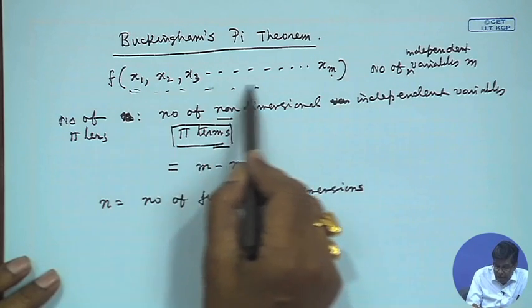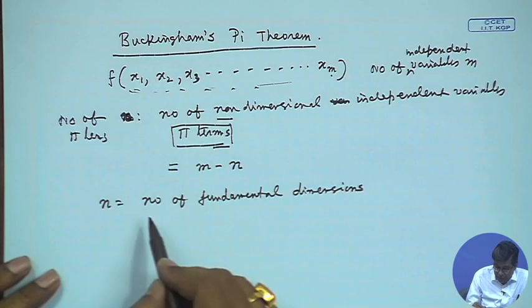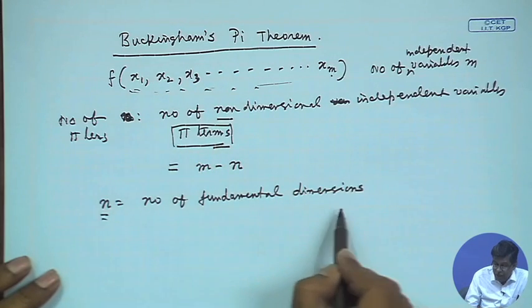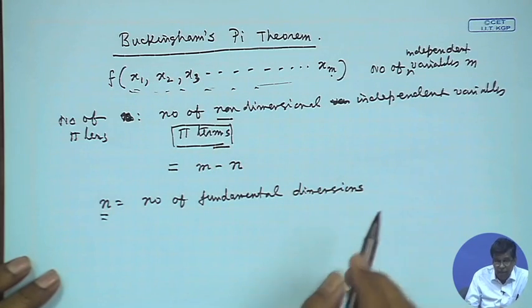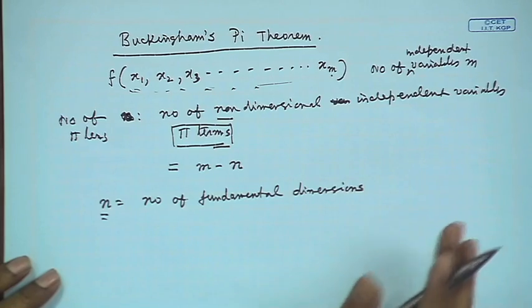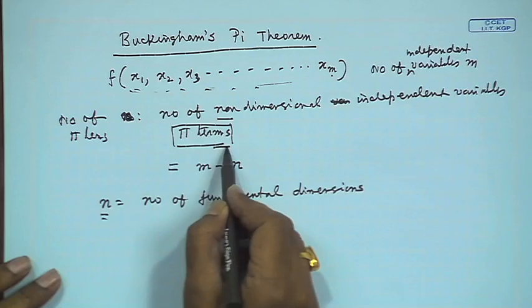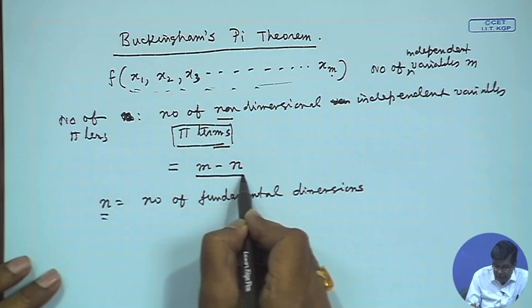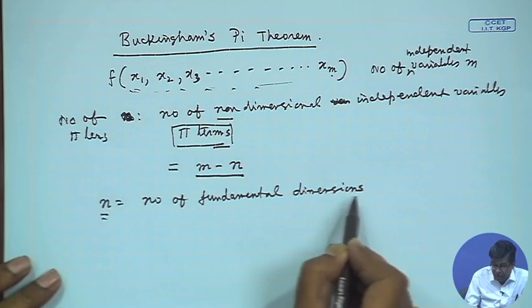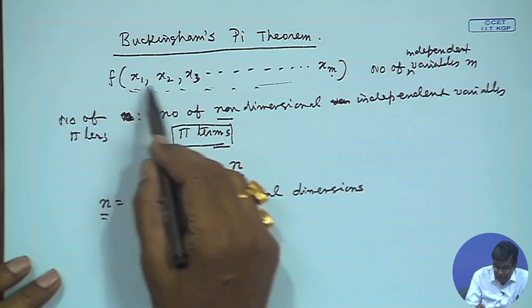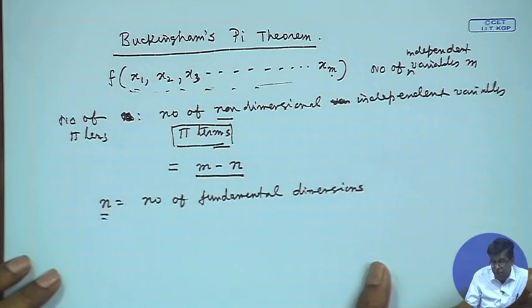And if these m variables can be expressed in terms of n fundamental dimensions like mass, length, time, temperature, then the number of these non-dimensional independent variables pi will be m minus n, where n is the number of fundamental dimensions in which these m variables can be expressed.